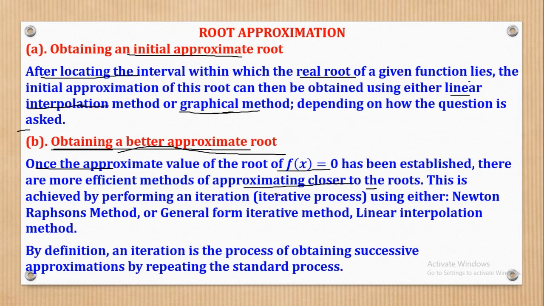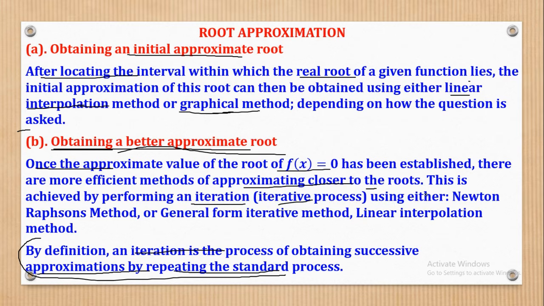Like I told you, under numerical methods, all the methods are used to approximate. This is achieved by performing an iteration or iterative process. An iteration, by definition, is a process of obtaining successive approximations by repeating the standard process. We shall see what this means in the worked examples.